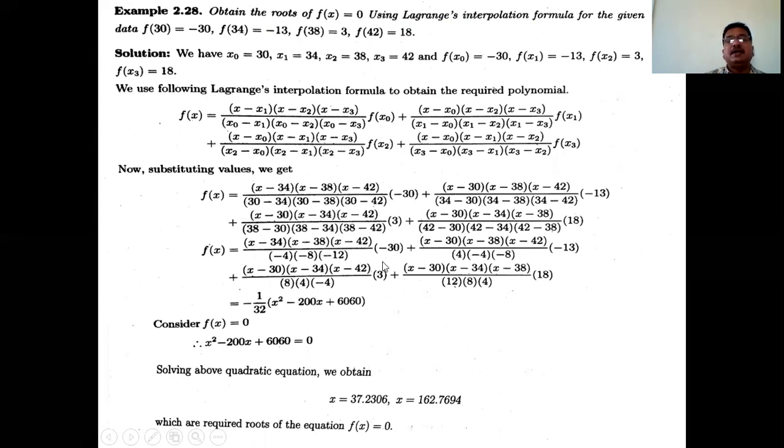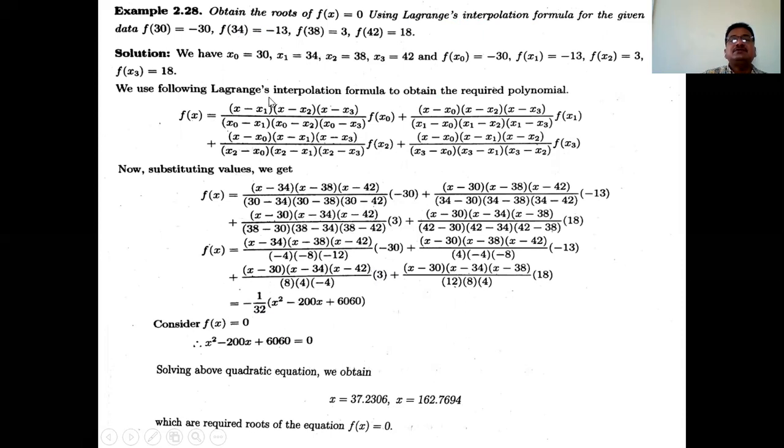If we substitute x is equal to 38, then we get the answer 3. And if we substitute x is equal to 42 in this polynomial, then we get the answer 18. So this is the polynomial which fits to this given data, which takes the given values.